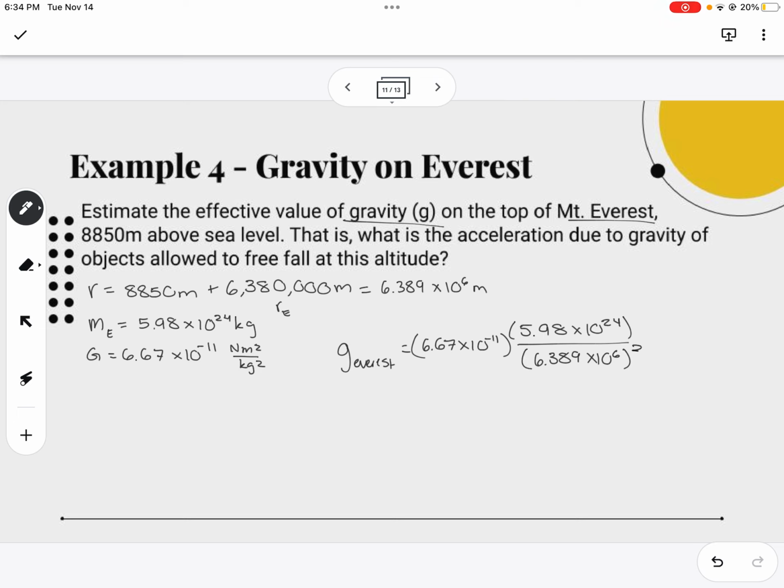Make sure you square that. When you plug these into your calculator, you're going to get 9.77 meters per second squared. So this is definitely lower than what we usually accept for gravity. And slight differences like this can actually mean a lot, depending on the types of calculations that you're trying to do.